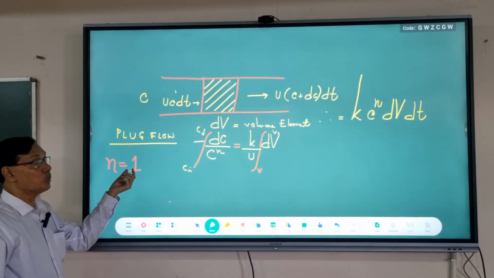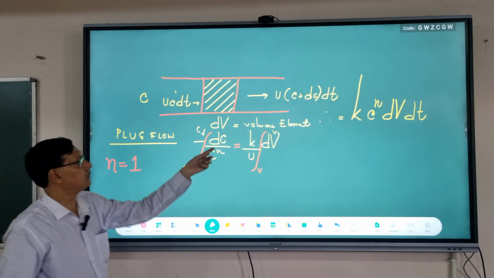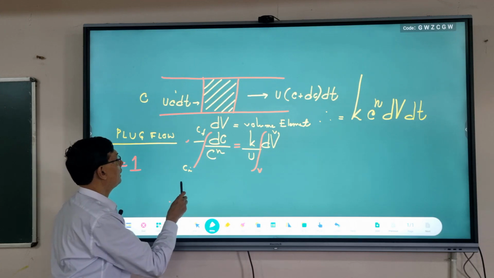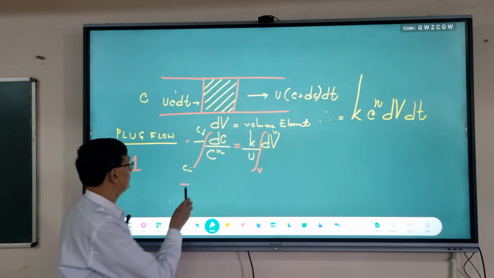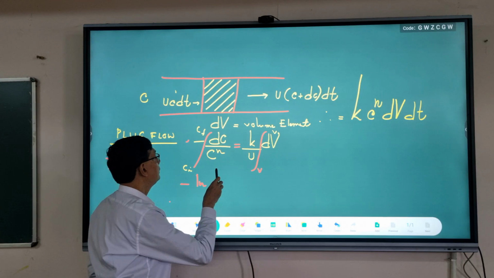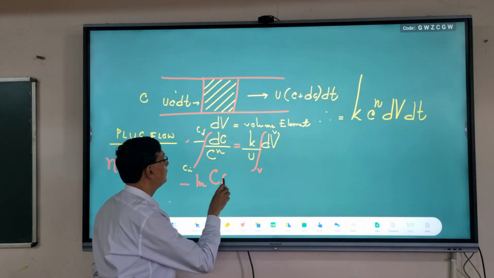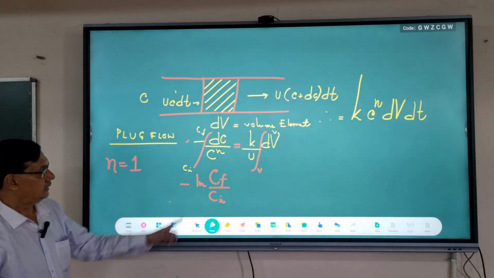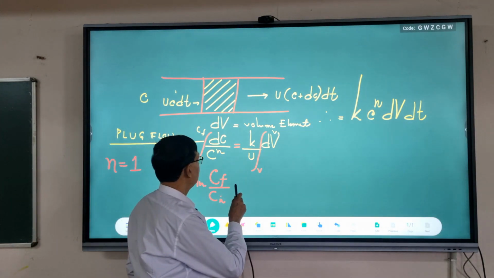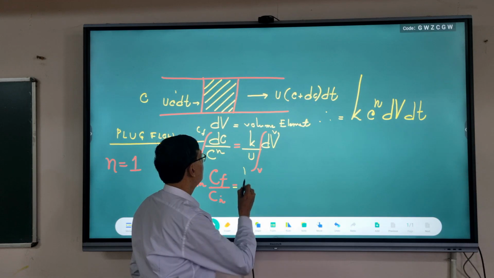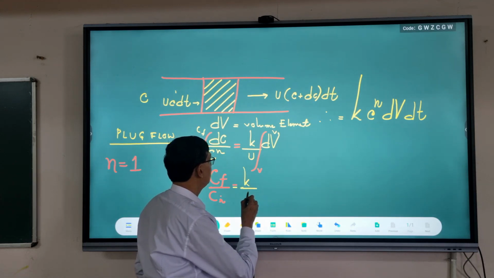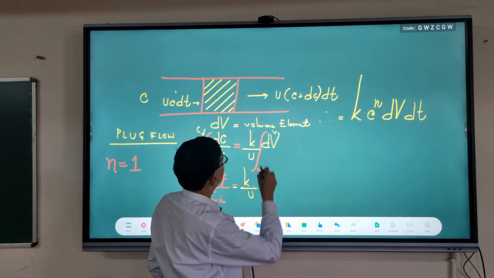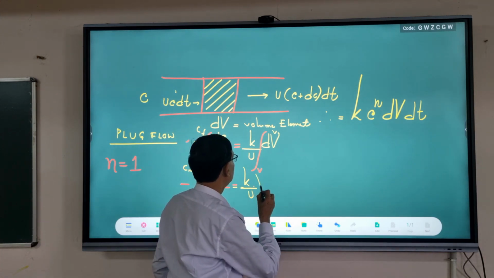First is n equal to 1. So it is just like dx by x, log of x, of course minus is there. So I will write minus natural log of C final divided by C initial is equal to k over u, dV from 0 to V0.